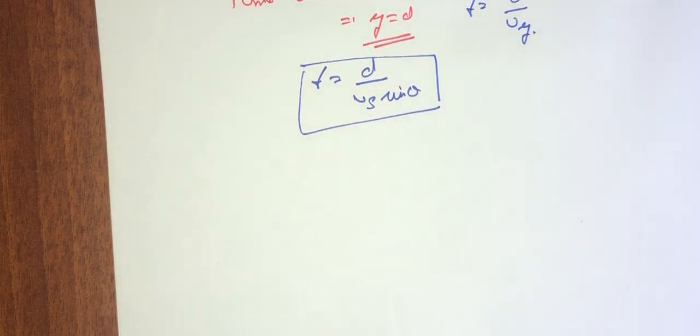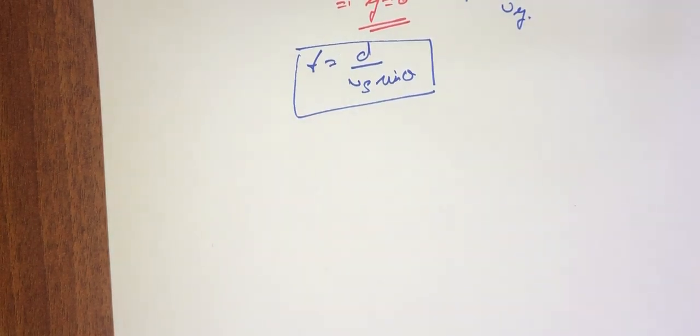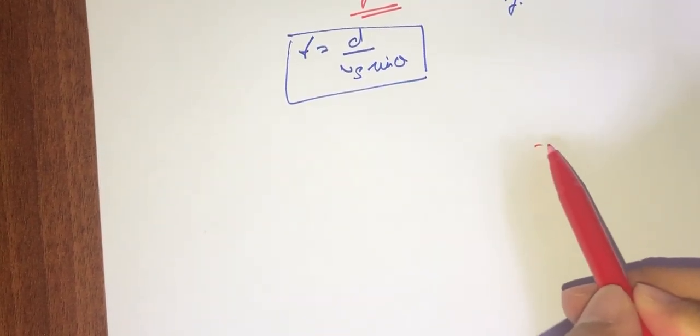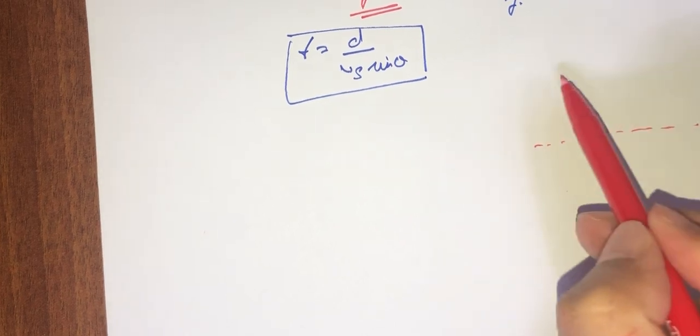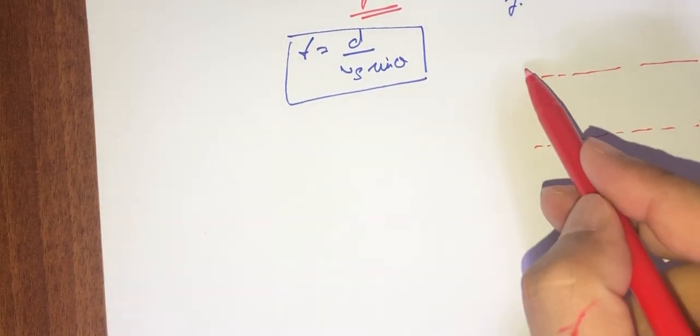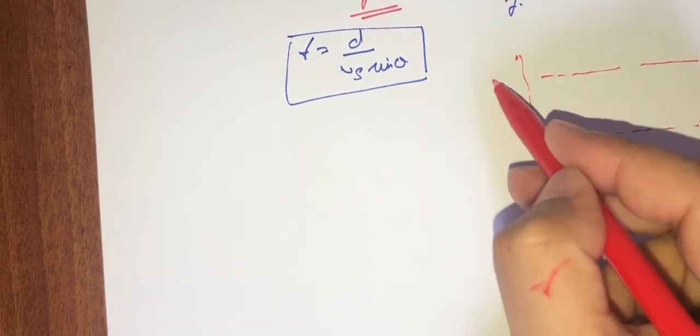Okay. In the second case, now we are going to say that it moves in the opposite direction, and that case will be same as the second case which we already discussed. Okay. If you want, we can draw the diagram also in a different way. Here let this be x and this be y.